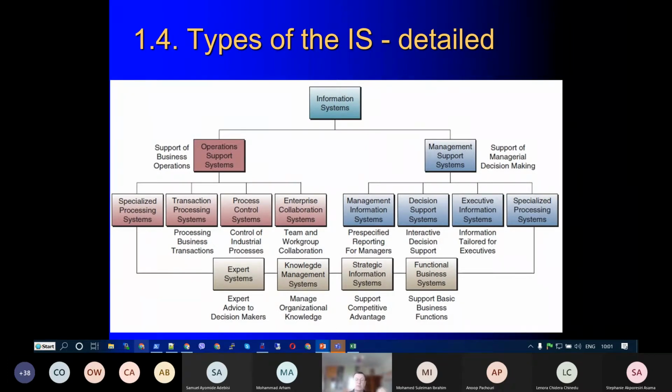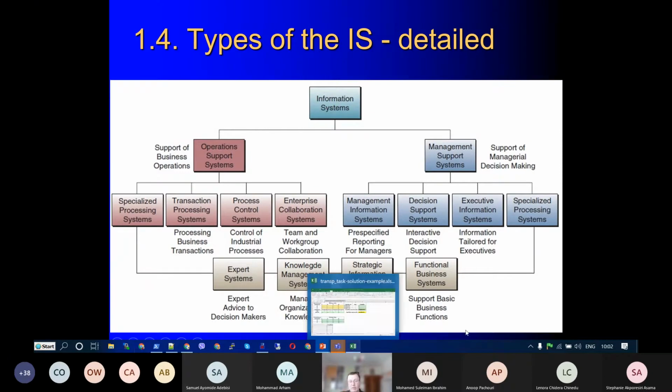So, when we talk in general about a particular term, let's try to identify a real-life example, and Microsoft Teams is one of these. In contrast, under management support systems, we have management information systems, decision support, executive, specialized processing systems, and so on.